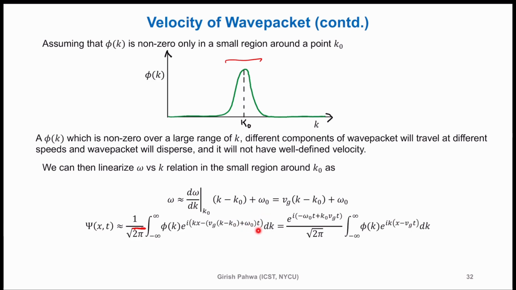And of course it will be approximate. So what you do, take all the terms which are not functions of k out of the integration. So I get this whole thing out which has some time dependency, e to the power iota minus this thing. And what I am left with is phi k into e to the power iota k into x minus Vg t, dk.